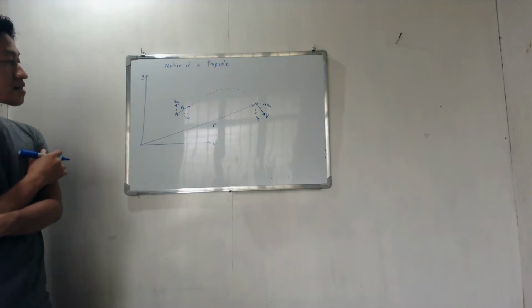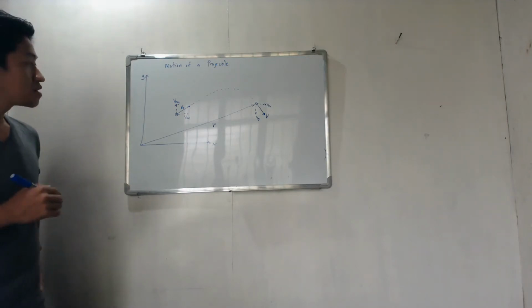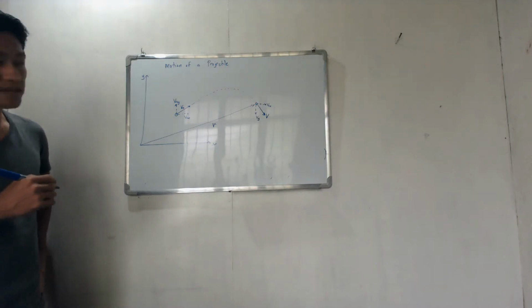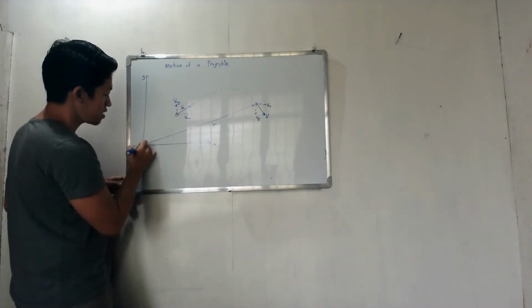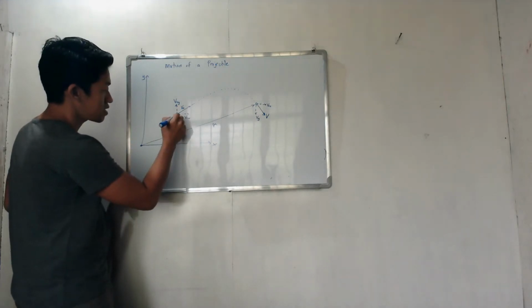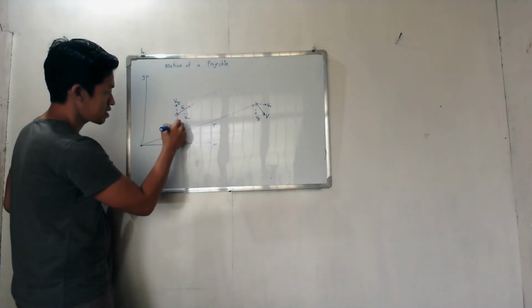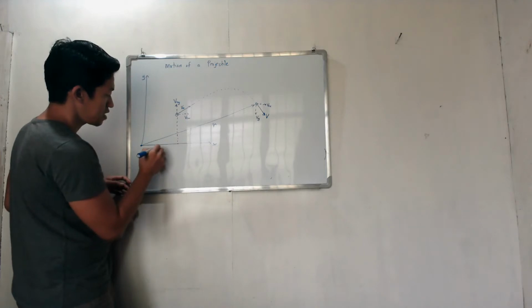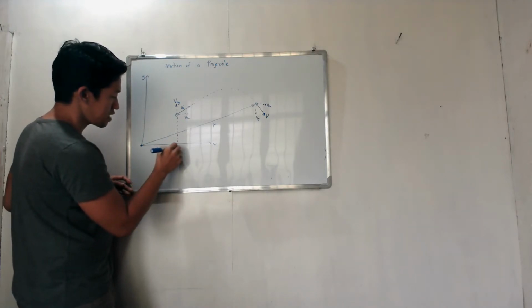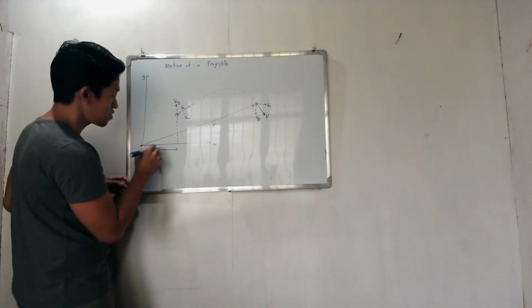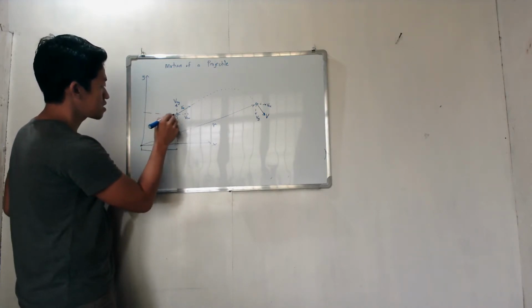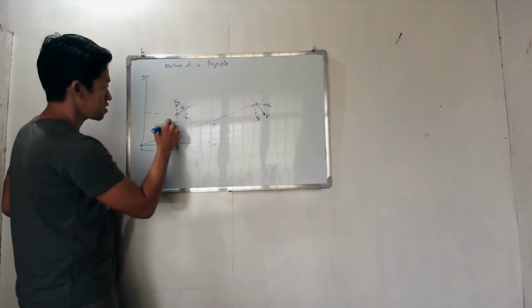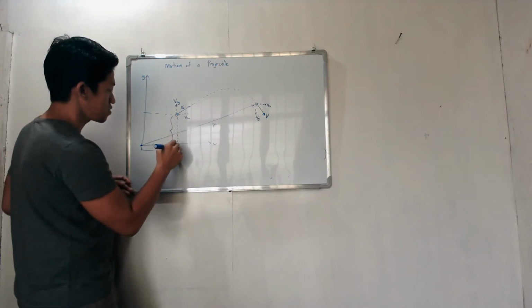With respect to your origin, this is at a distance x sub o, and this is y sub o.